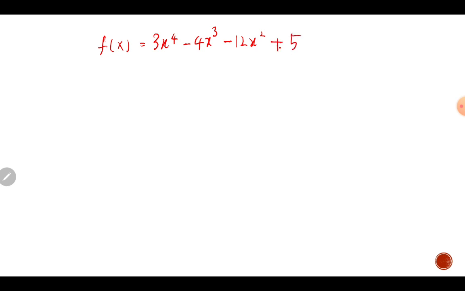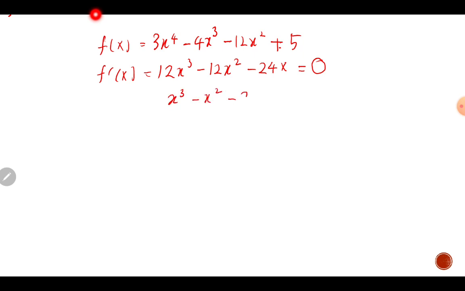Okay, so our f prime x is going to equal 12x cubed minus 12x squared minus 24x, and we let it equal 0 lah. Okay, so boleh faktorkan lagi ni by 12. So we have x cubed minus x squared minus 2x equals 0, and you can factor further.